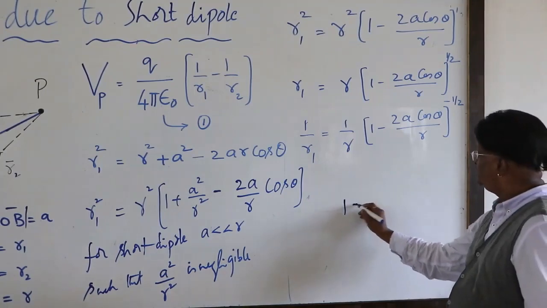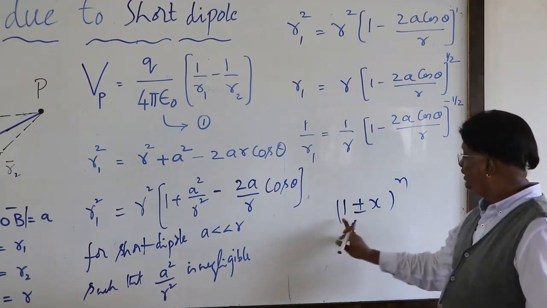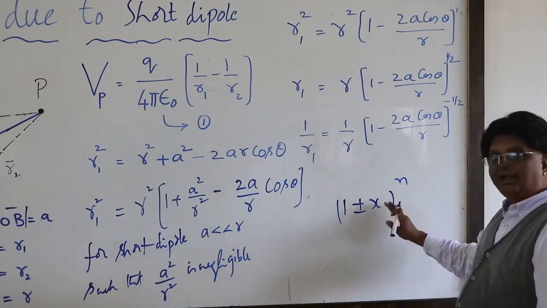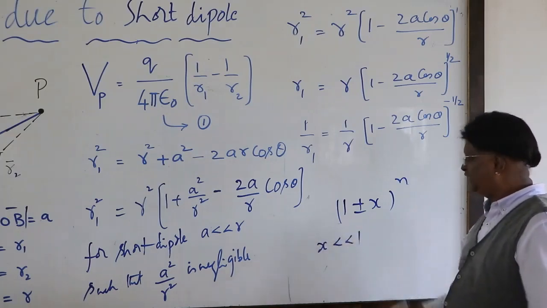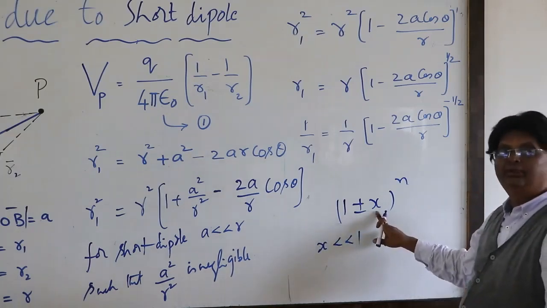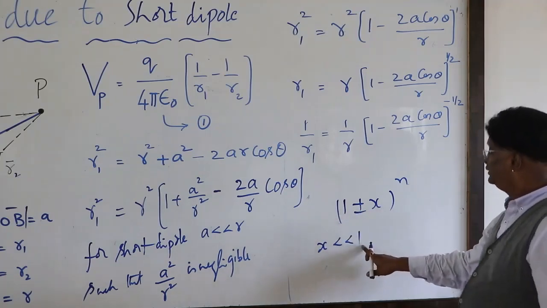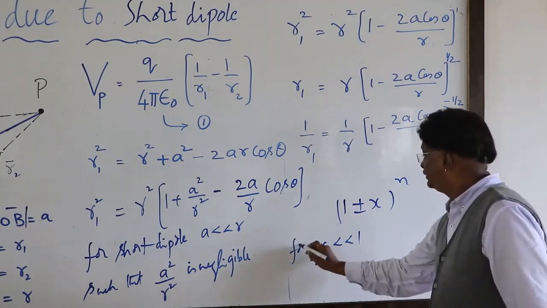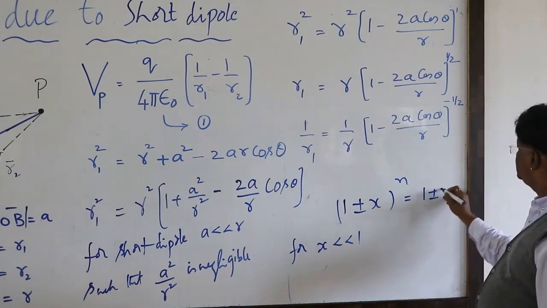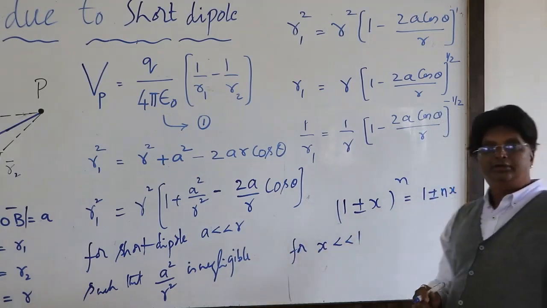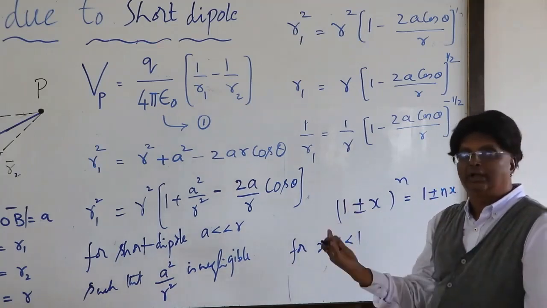What is that? 1 plus or minus x whole power n. For now, the condition we are writing is x very much less than 1. This x is very small as compared to 1. For x very much less than 1, we write this as 1 plus or minus nx, because in the binomial expansion only the first term is taken and all the higher order terms are neglected.